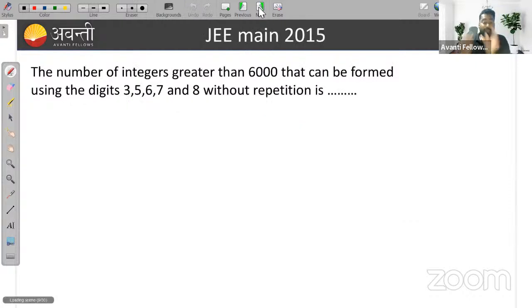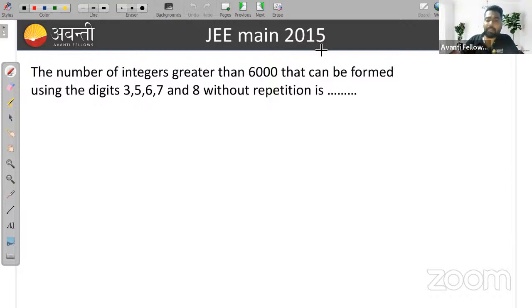Actually, questions from the fundamental principle of counting come in JEE Main also. Many questions from 2015 onwards have already come in JEE Main from the fundamental principle of counting.